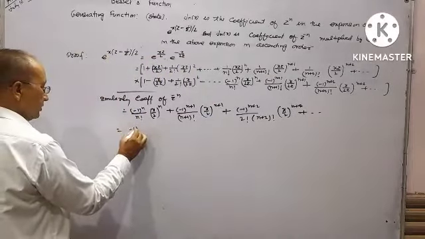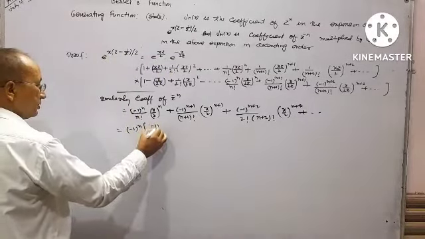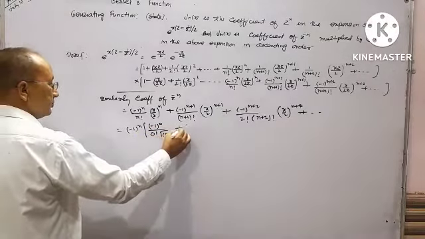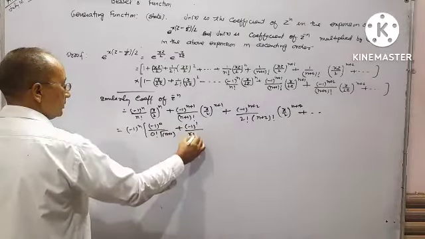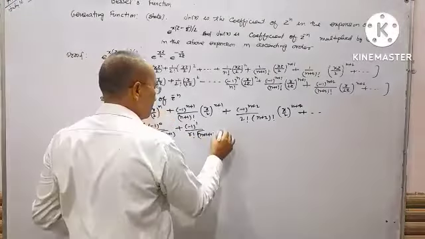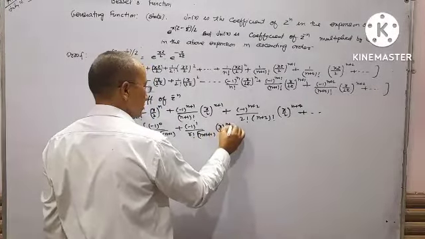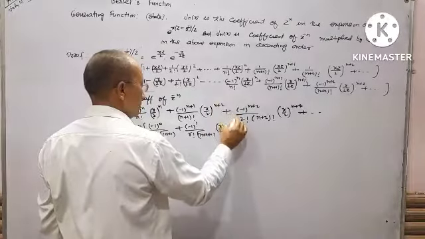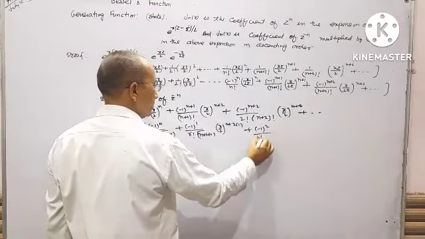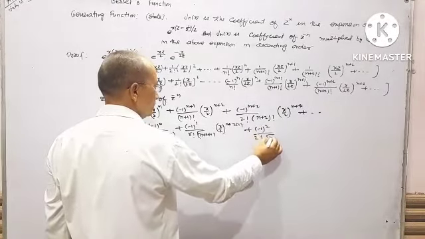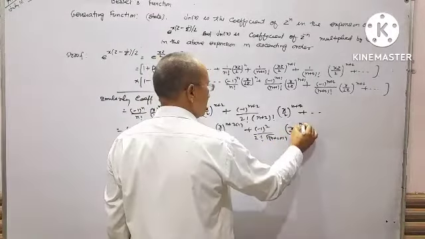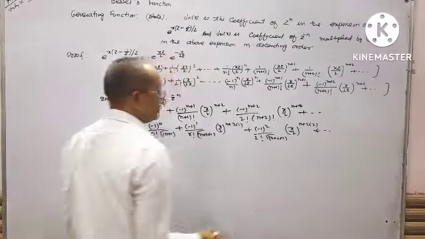Taking minus 1 to the power n common, minus 1 to the power 0 upon factorial 0 gamma n plus 1, plus minus 1 to the power 1 upon factorial 1 gamma n plus 1 plus 1, (x/2)^(n+2·1), plus minus 1 to the power 2 upon factorial 2 gamma n plus 2 plus 1, (x/2)^(n+2·2), plus and so on.